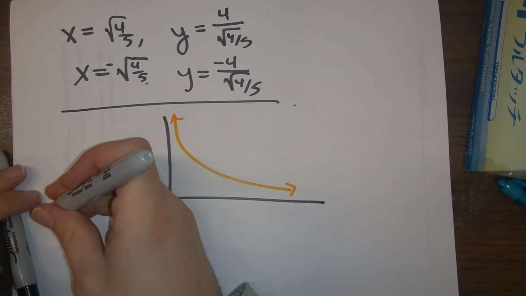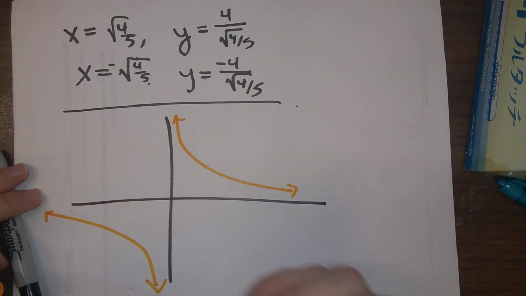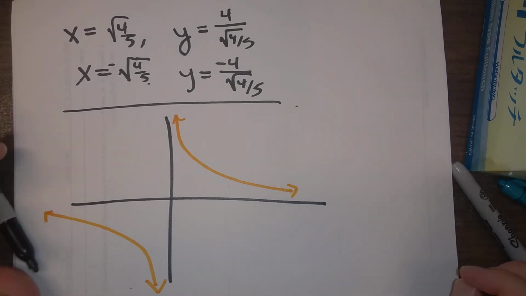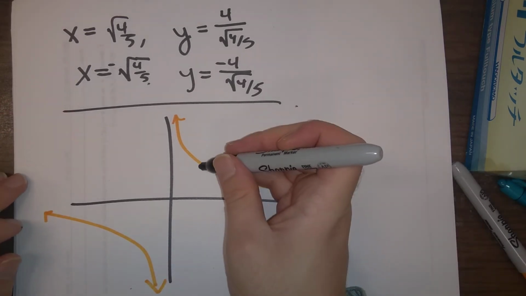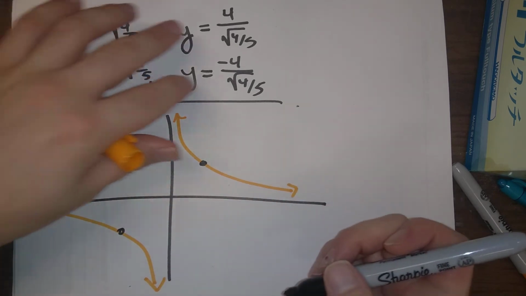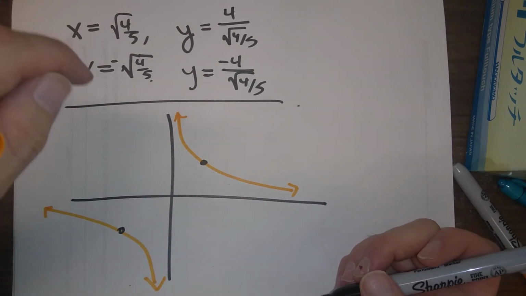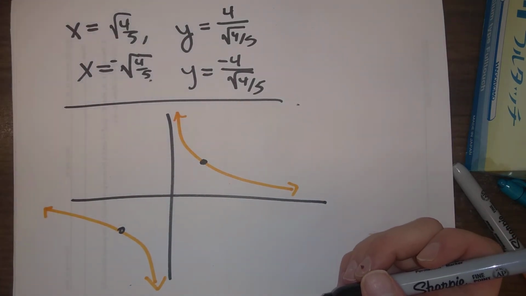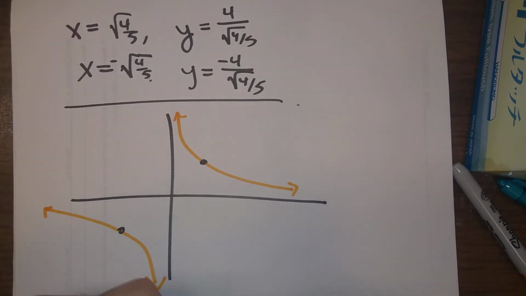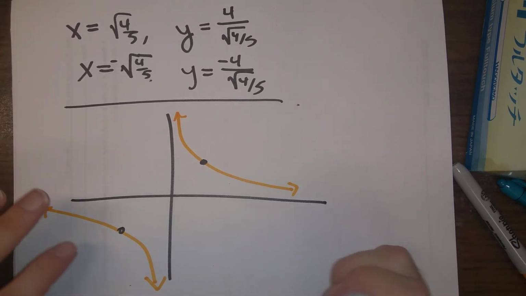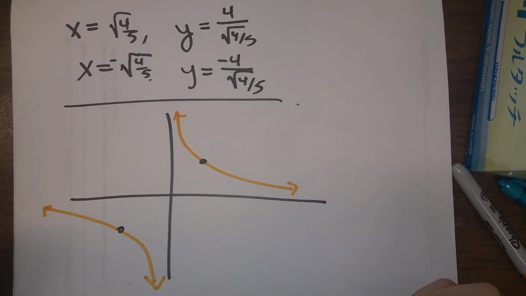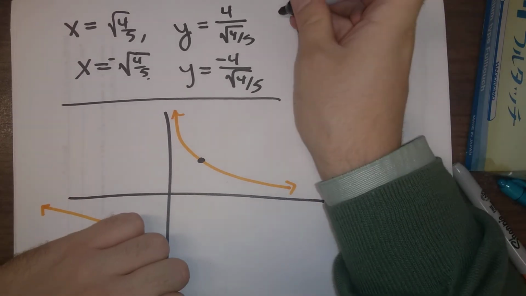So we have two different branches of a hyperbola here. Now, what's going on? The points that we found are going to land right there.